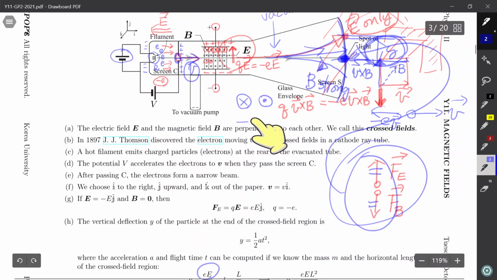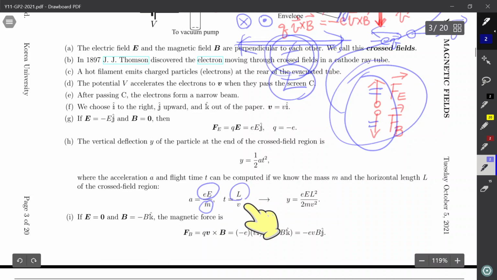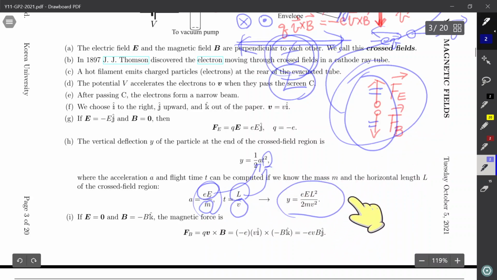And the time of flight: because the acceleration is along the vertical direction only, the horizontal direction has uniform motion. Horizontal direction, it has a length L divided by initial velocity. So, substitute this one here and this one in the acceleration. We end up with the vertical deflection when magnetic field B equals 0.